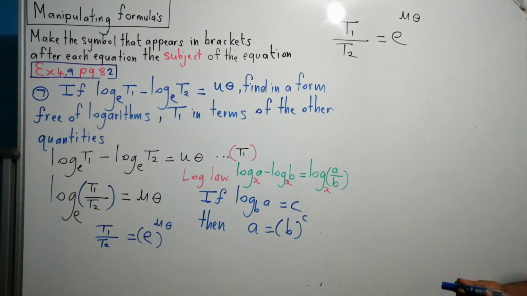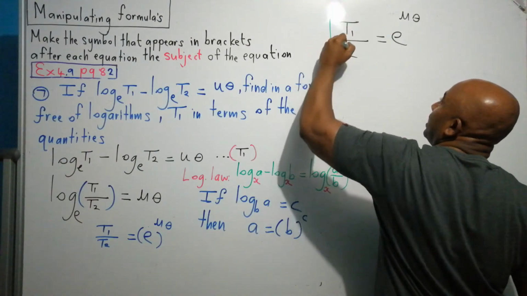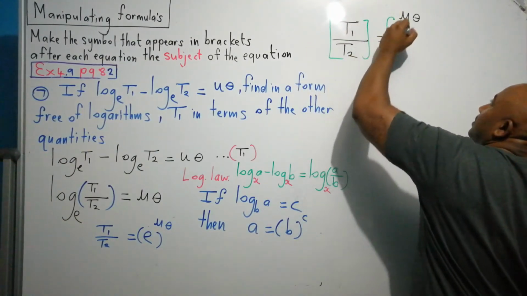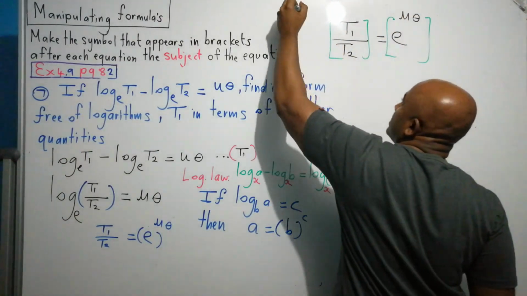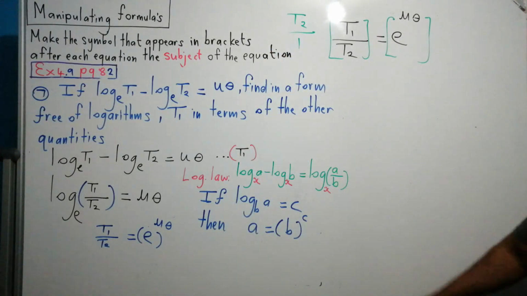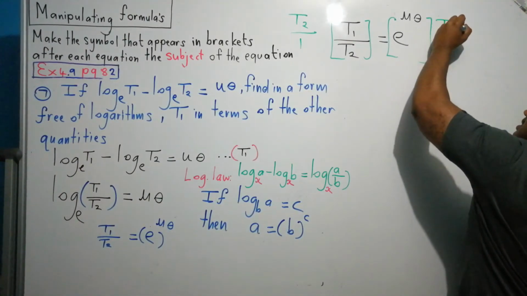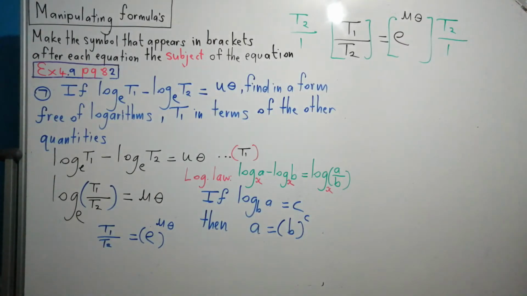I want to work out t1, so I do not want t2 on the left hand side. You should know by now, if you do not want t2 there, cancel it by multiplying by t2 over 1. So t2 and t2 will cancel. Whatever I do on the left hand side, I must do on the right hand side.